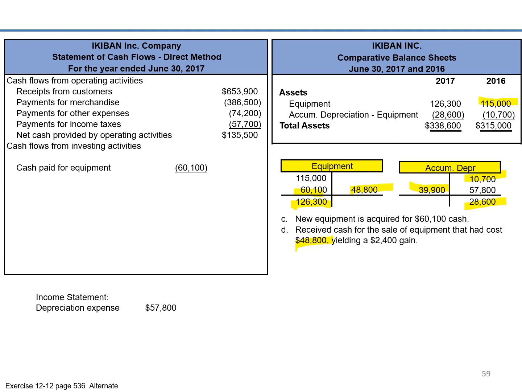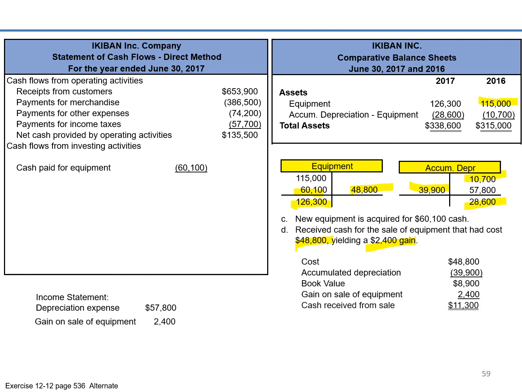So our cash would be equal to our net book value plus our gain, right? So if we had a cost of $48,800 less accumulated depreciation of $39,900, we have a book value of $8,900 plus our gain. Means that cash received from the sale was $11,300. Okay, that's an increase to investing activities. So we have net cash used by investing activities of $48,800.